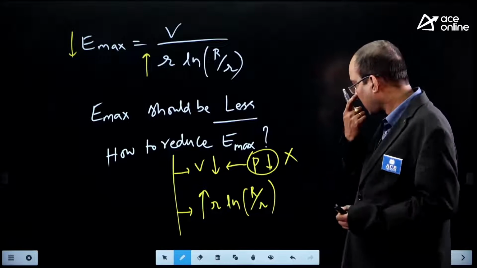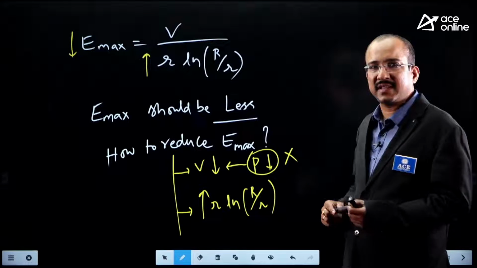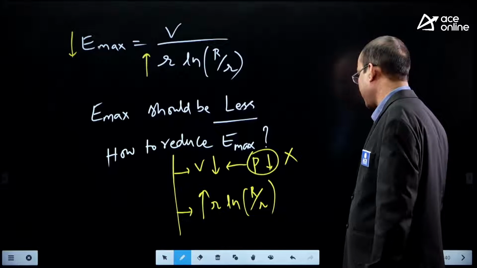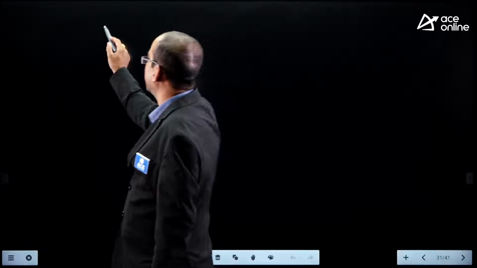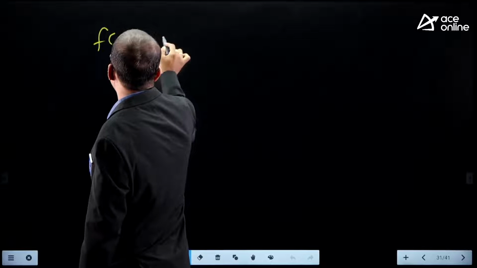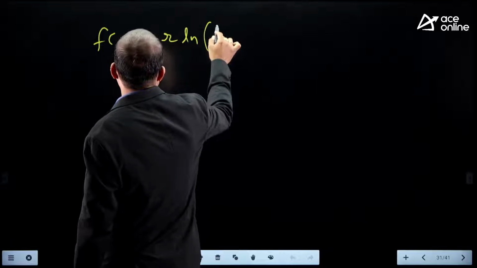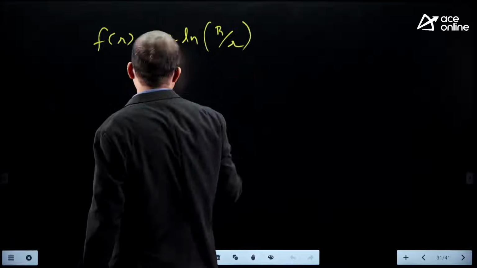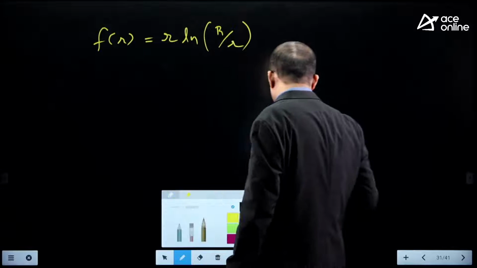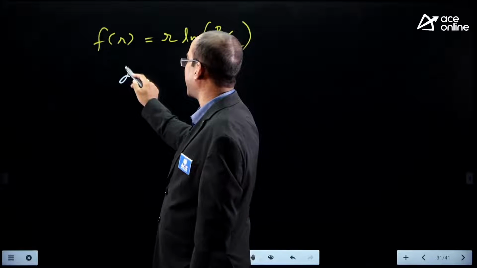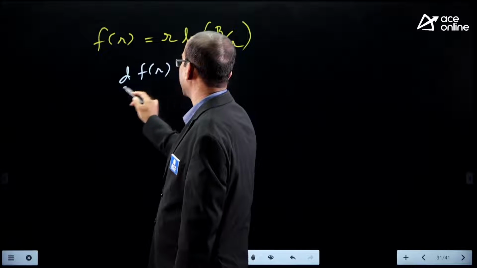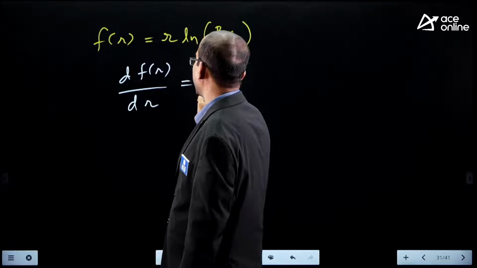So, maximizing the denominator is preferred. Now, this is a function of r, that is r into ln of capital R by small r. So, how do you maximize this? Differentiate with respect to the variable, df by dr, and equate to what?